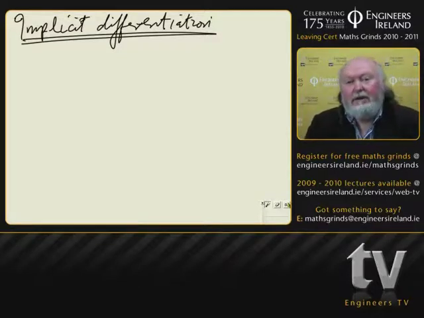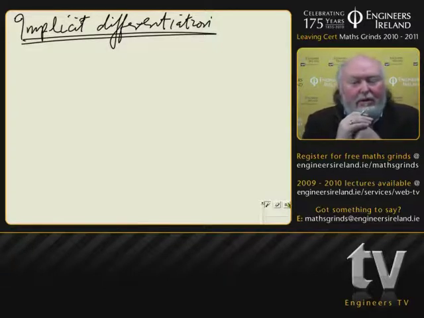What's implicit differentiation? Well, it's where you either don't know how the y relates to the x, you don't know the function that it's standing for, you just know some relationship. It could be an identity, but you don't necessarily know what the y means.